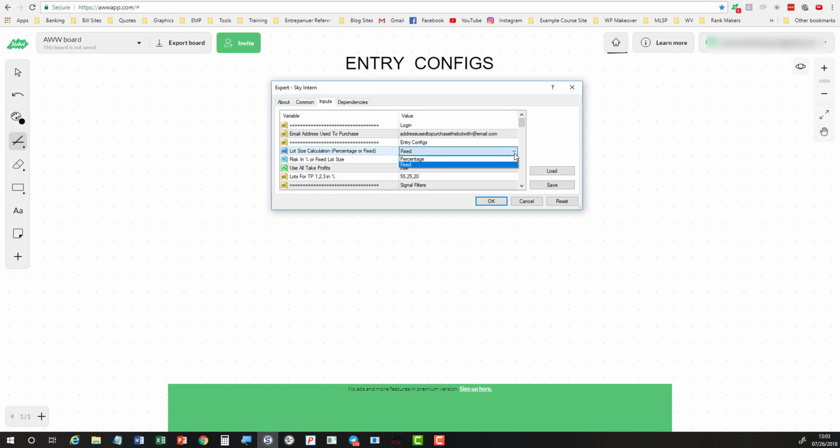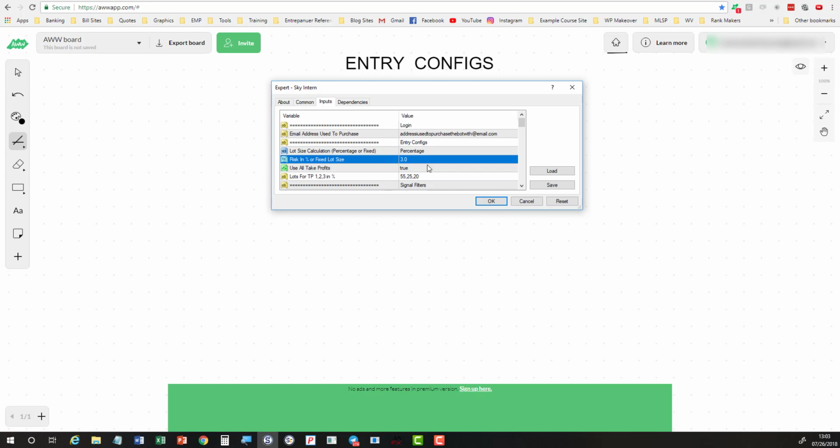But in order to really give you the full understanding of the fixed lot size and the dangers involved if you do it incorrectly, I want to explain the percentage and how that works. Here we have it set to percentage. In this instance, risk in percentage or fixed lot. Since this is set to percentage, we're taking this as 3% of your account going toward any particular trade.